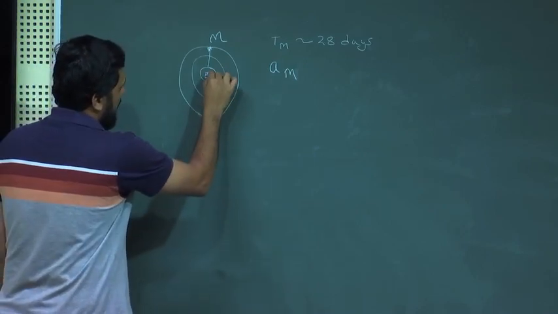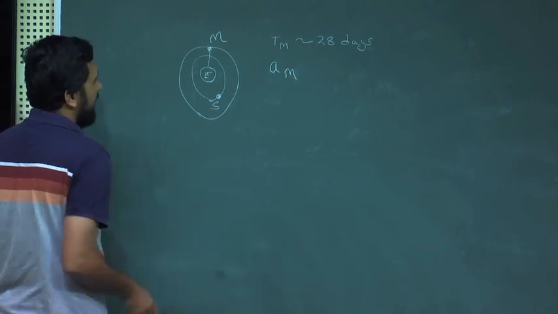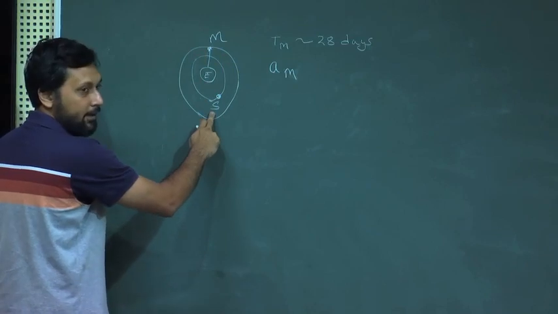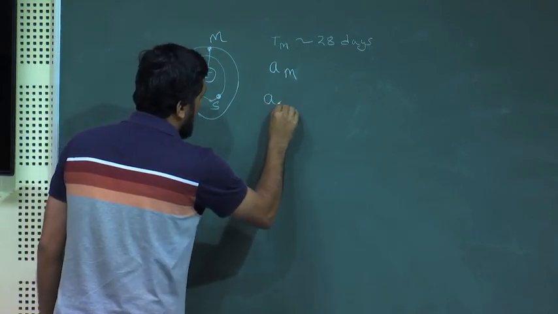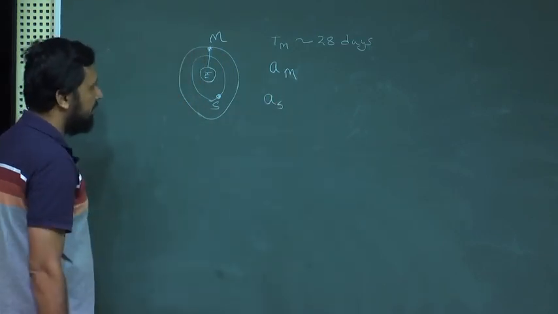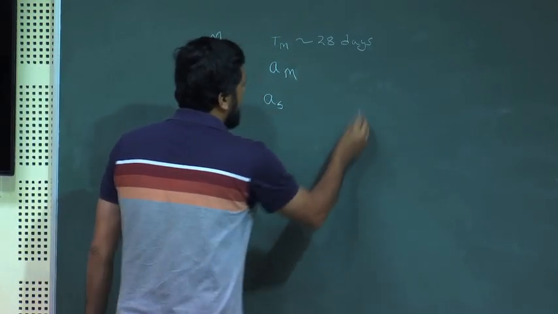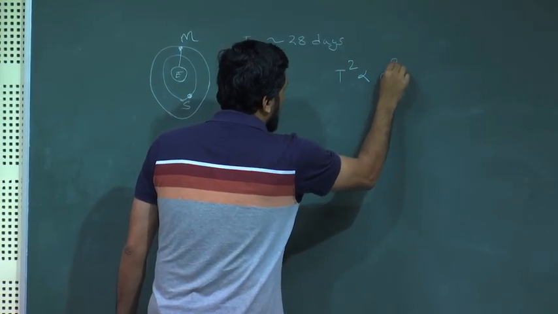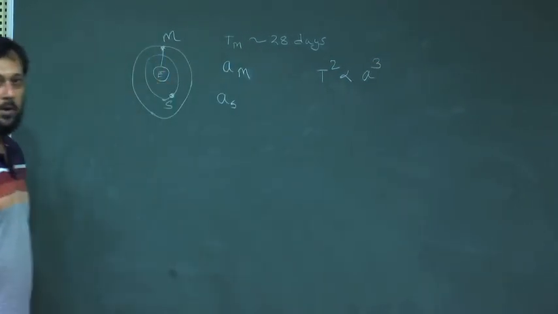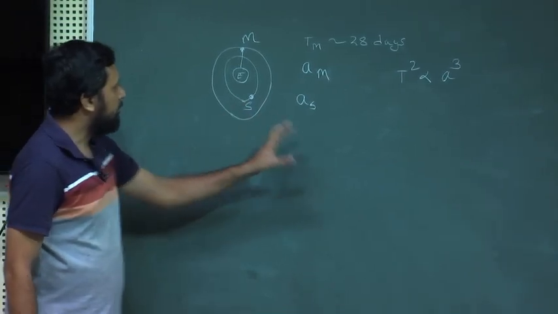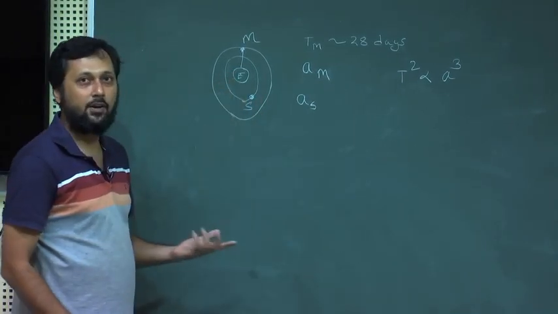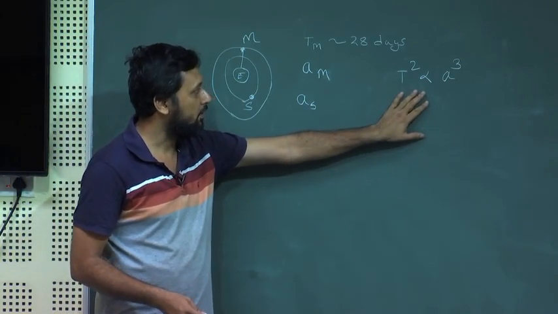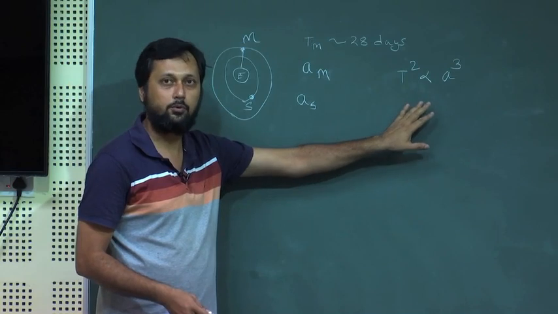Let us assume that we also know the orbit of this artificial satellite. So, we know A s. Please remember that T square is proportional to A cubed, and this is independent of whether it is the Moon or an artificial satellite; this Kepler's law holds for both.